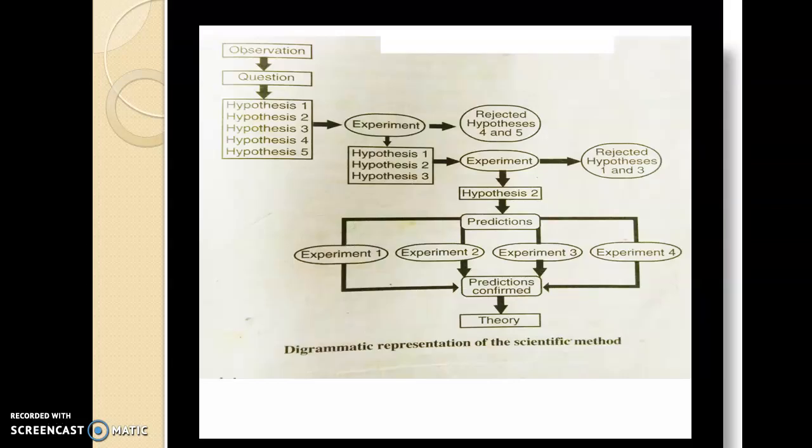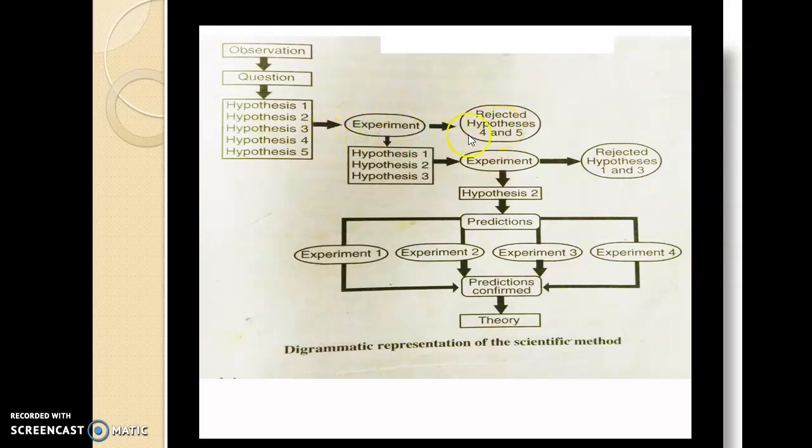So this is a diagrammatic representation of the scientific method. Here you can see, let's start with observation. Let's start with questions, regularly asking why, what and how, and based upon those questions we made 5 different kinds of hypotheses here. Then we made the experiment. When we did the experiment, it showed that hypotheses 4 and 5 can be rejected.